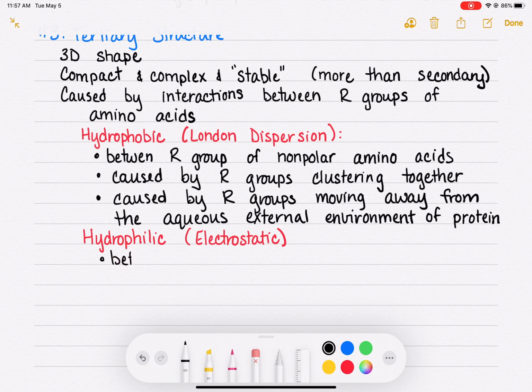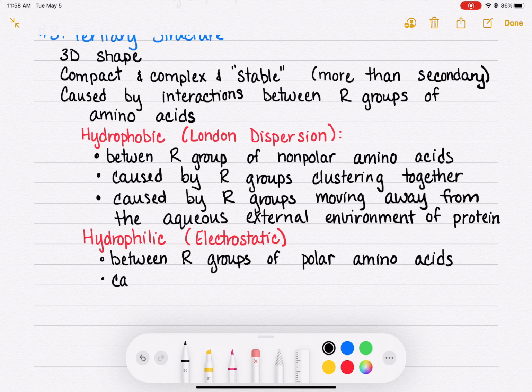So this is going to be between the R groups of polar amino acids. And remember that polar amino acids includes acidic and basic amino acids as well. So it's between the R groups of polar amino acids, and it's happening for the opposite reason.